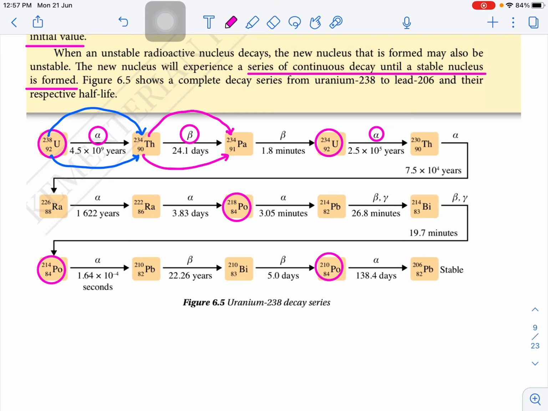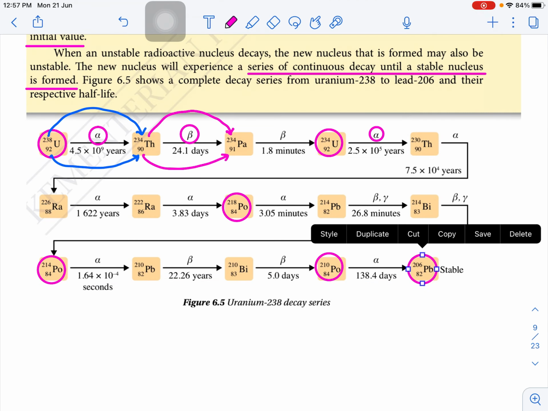And the process will continue until the decay series produces a stable nucleus. The stable nucleus here is 206-82. What is 82? 82 here refers to plumbum or lead.